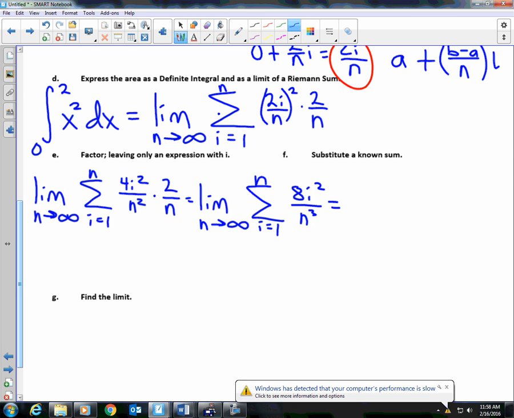We could get rid of this sum from I equals 1 to n of I squared by substituting that piece in. So I'm going to write this as the limit as n goes to infinity. I'm going to pull out the 8 over n cubed in front. So I have the sum of I squared left.